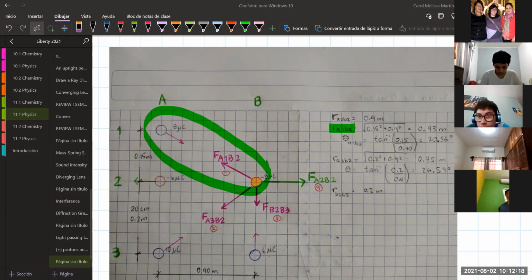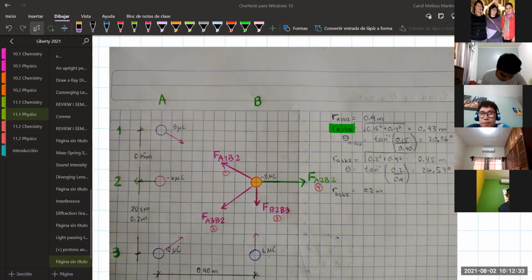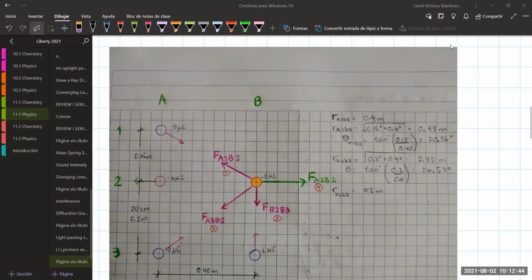And I get the hypotenuse by raising to the second power the y and the x, the vertical distance and the horizontal distance. Once I do all this procedure, I get that my diagonal distance is equal to 0.43 meters, which is this one right here. And because I apply the Pythagorean theorem, I'm also going to apply the formula to get the angle.